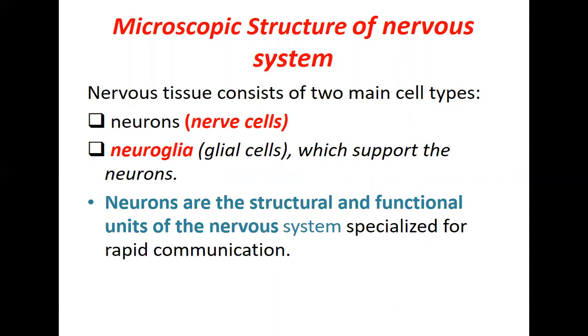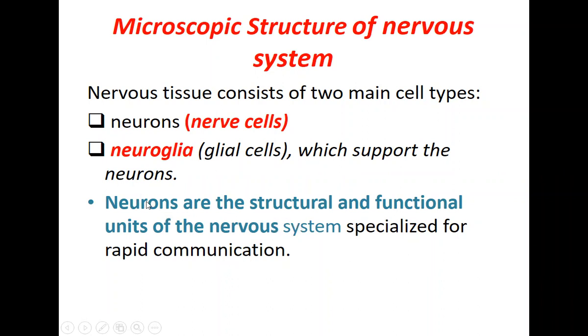which support the neurons. So there are the nerve cells, which are called as neurons, and then we have the supporting cells called as the neuroglial or the glial cells. So two types of cells. Neurons are the main structures which form the nervous system. So they are the structural and functional units of the nervous system.